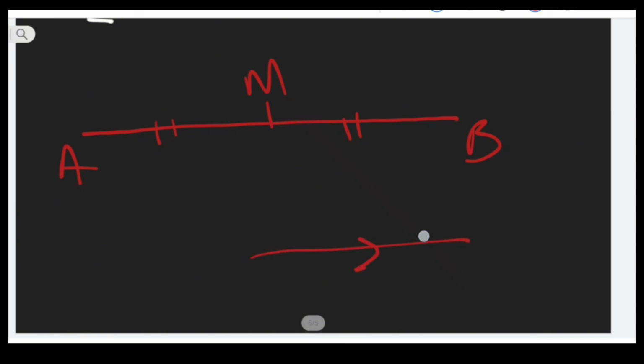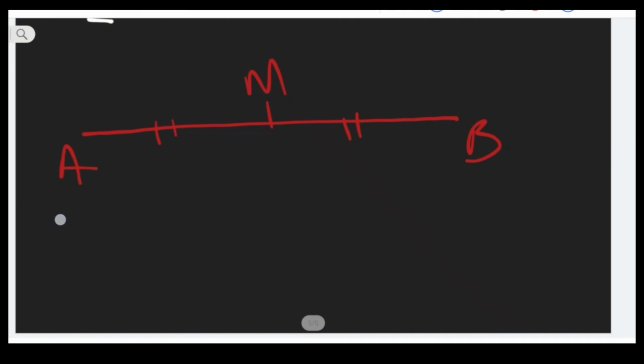As we proceed, suppose we have a line, and then this is A and B. This is a midpoint, let me say M. This side is equal to this side. This means equal, this means parallel. So then you have what you call the midpoint, the most middle point.